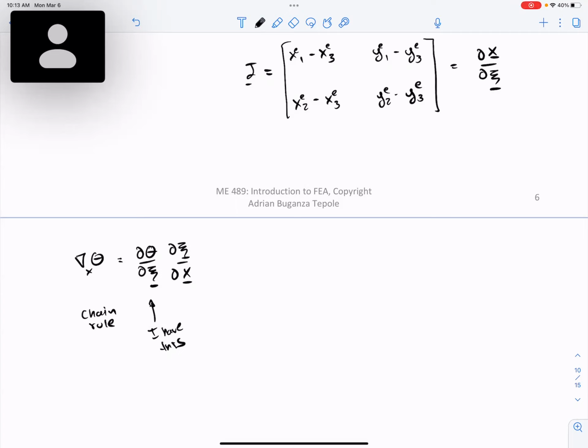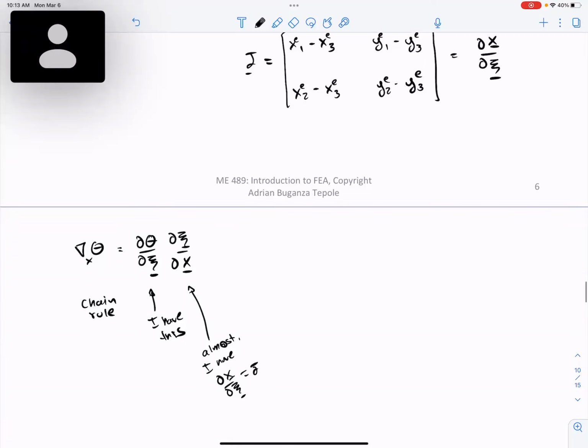And then d psi dx, I don't quite have that, right? I have the dx d psi. Well, this is just the inverse of that.